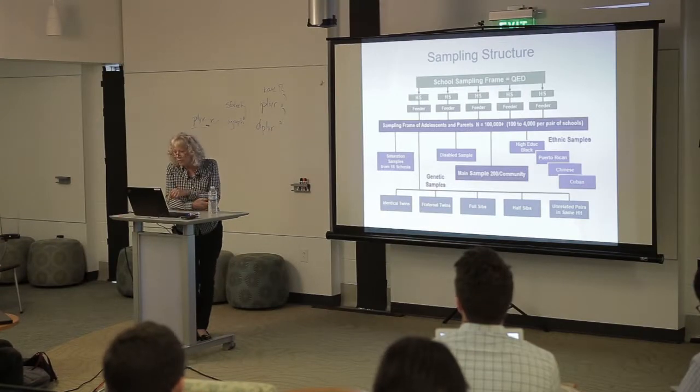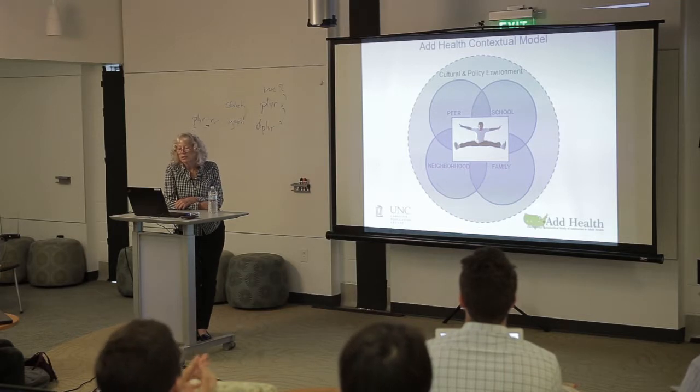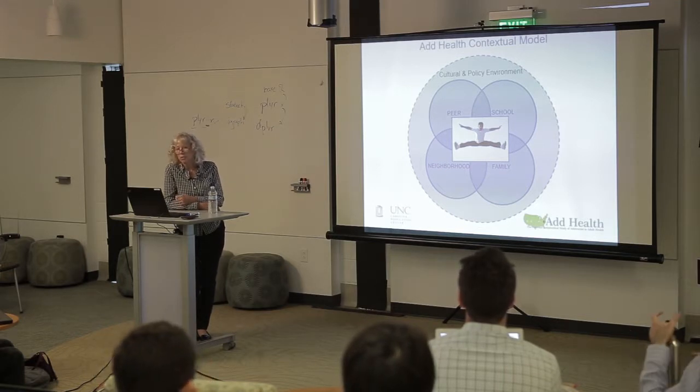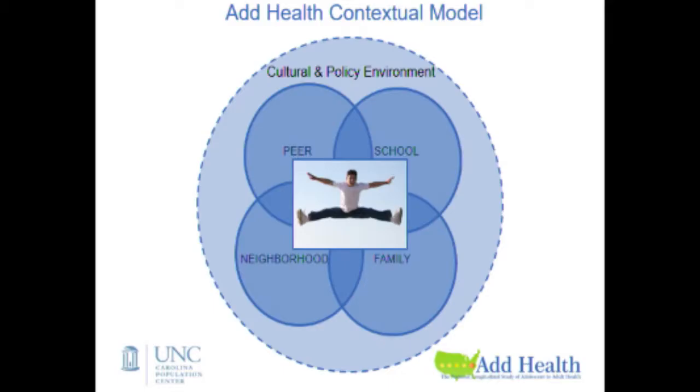And so I already discussed, let's see, what comes next, yeah. These are the social contexts that we were able to directly measure. I talked about the peer networks. The school context we have by aggregating the responses of all the students in the school to create characteristics of that school. We also interviewed a school administrator. For the family, we interviewed the parent, but we also have quite a lot of information from the siblings on the family context.